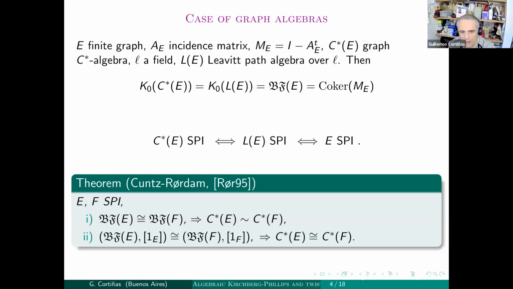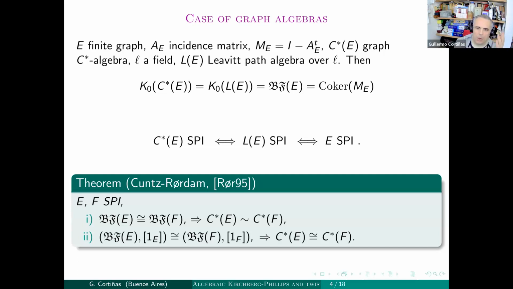So here we have a condition on K0, and the condition on K1 in the Kirchberg-Phillips theorem is not present, but that's just because the K1 of a graph C-star algebra is a free abelian group of the same rank as the Bowen-Franks group. So an isomorphism of Bowen-Franks groups, that is of the K0s, already implies an isomorphism between the K1s.